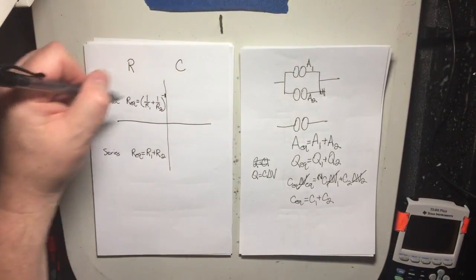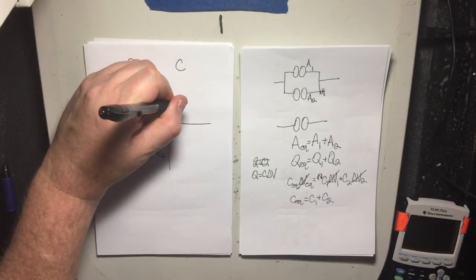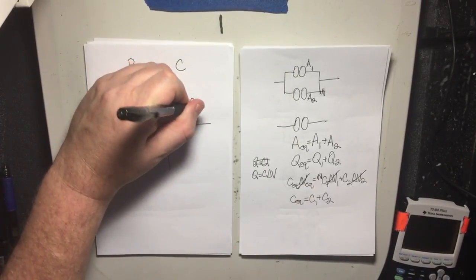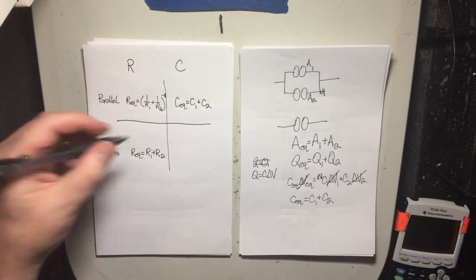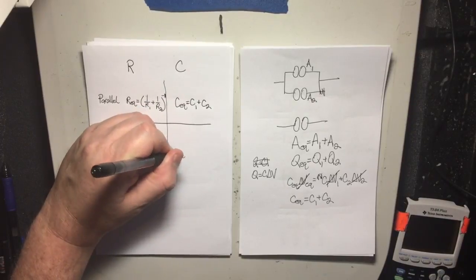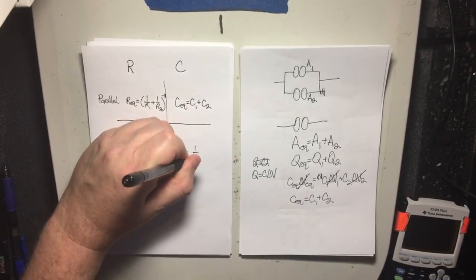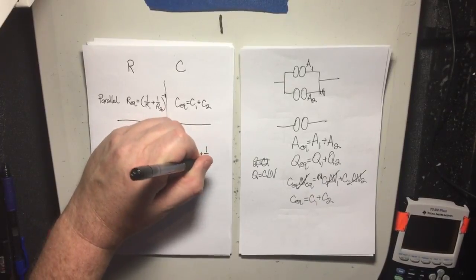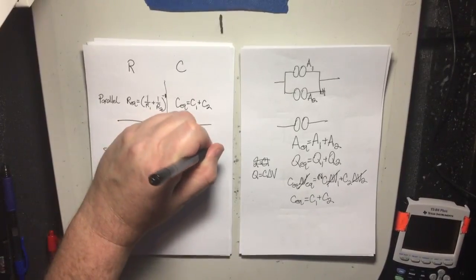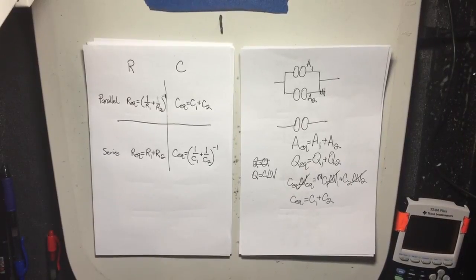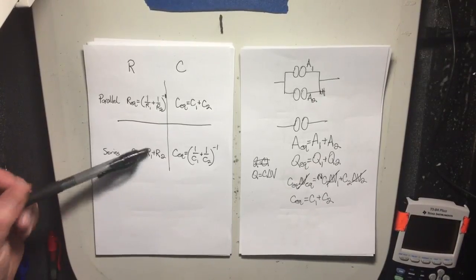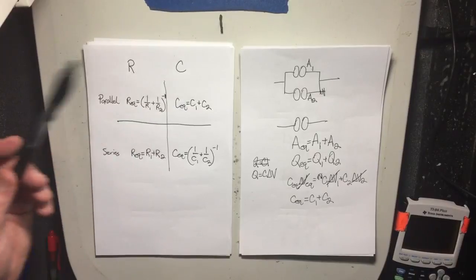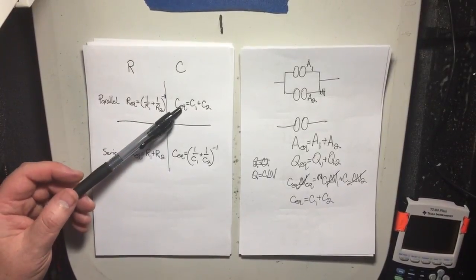From there to there, capacitors in parallel, C equivalent equals C1 plus C2. And then series capacitors, C equivalent is equal to 1 over C1 plus 1 over C2, inverted. So if you want to remember how this goes, I just remember that series resistors add up and parallel capacitors add up as well.